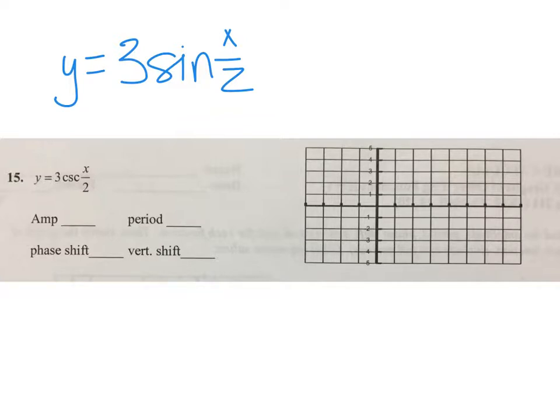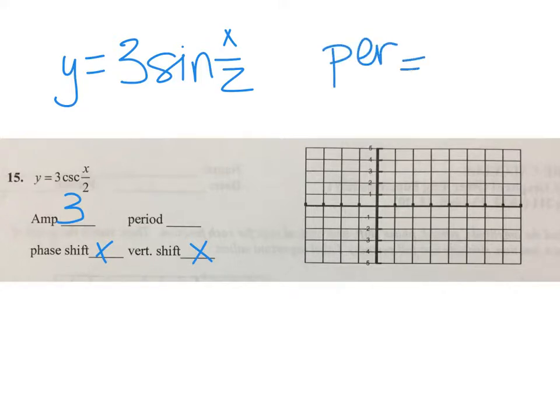for the cosecant graph. Since the amplitudes are the same, the amplitude is going to be 3, and we can find the period. Also, it has no phase shift and no vertical shift. There's no plus or minuses or parentheses in this problem at all, so there's no phase or vertical shifting. We just have to find the period.